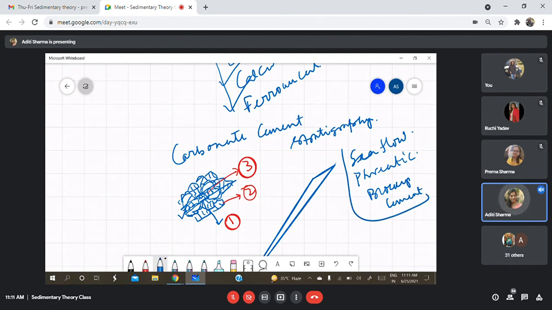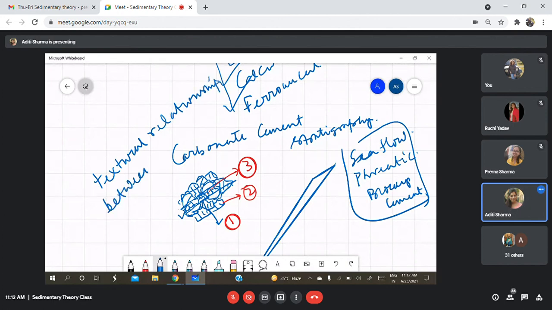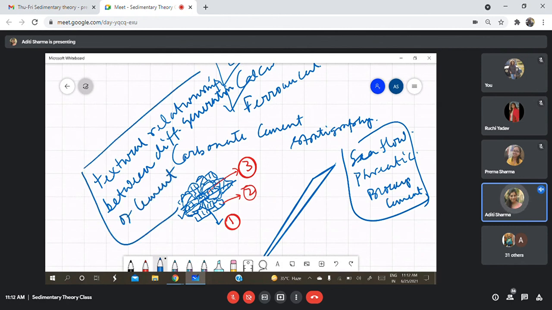This textural relationship between different generations of cement basically helps us know the history of the carbonate as it formed and then went into diagenesis.